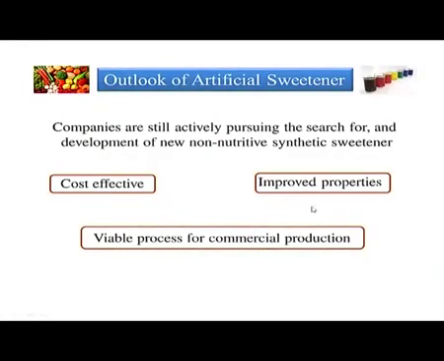So, broadly, whenever you look into a molecule as an artificial sweetener, there are certain properties. It should be cost effective, it should have improved properties, improved in terms of less toxicity, no side effects and easy metabolism, and then it should also have a viable process for commercial production, as we saw in the case of aspartame, saccharin, or cyclamates.